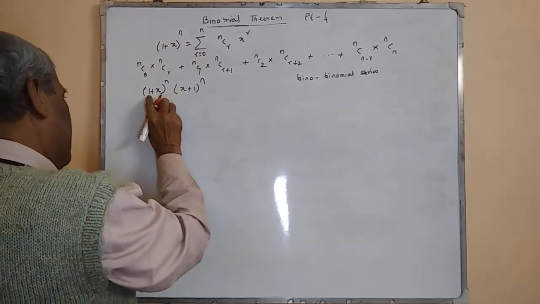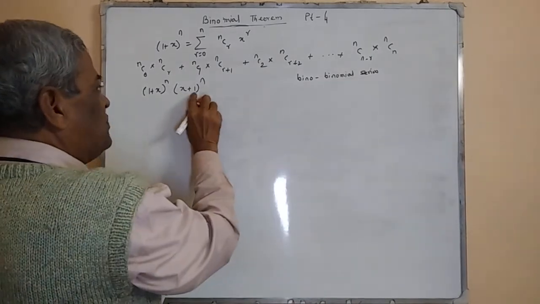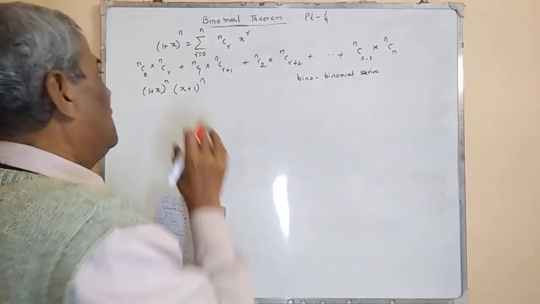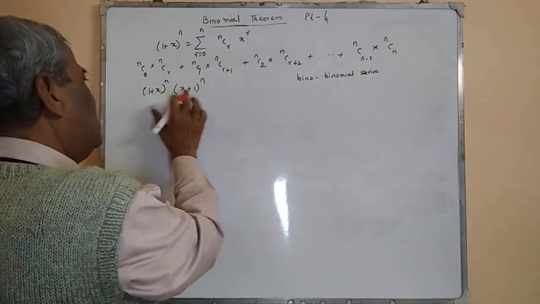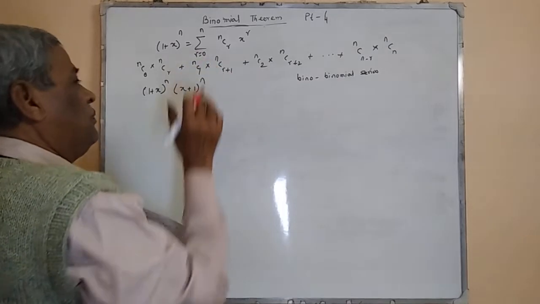That is, one from the beginning, (1+x), and the other from the end, just the reverse way, (x+1) to the power n. We take two series. When both suffixes are increasing, we take (1+x)^n and (x+1)^n.